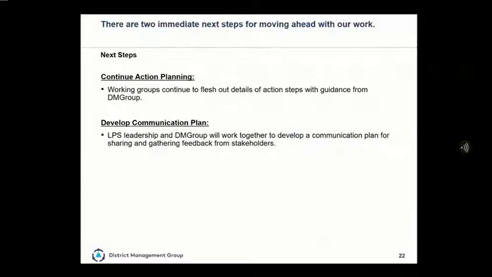So with the Lincoln leadership team, DM Group will work with them to develop a communication plan for sharing these plans out more broadly, like we mentioned, with teachers and other stakeholders, and gather that feedback to inform those more detailed action steps that we'll be developing along the way. Anything else you'd like to add, Jane or Jenny?